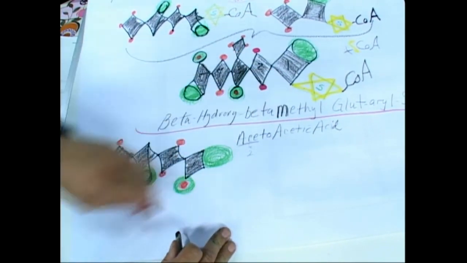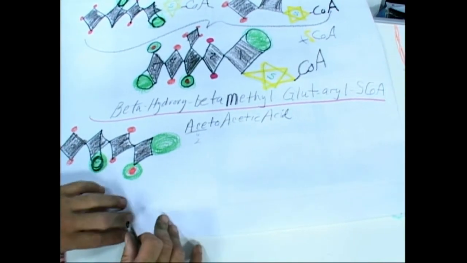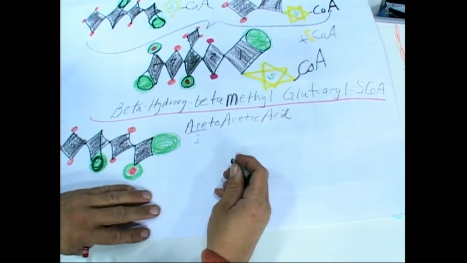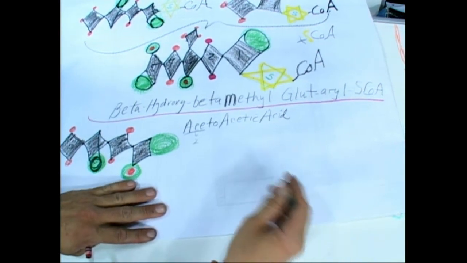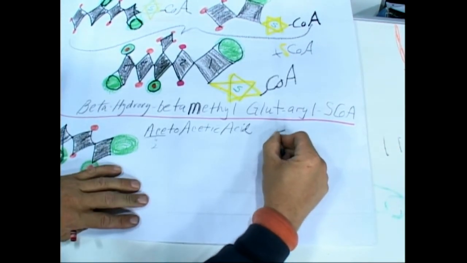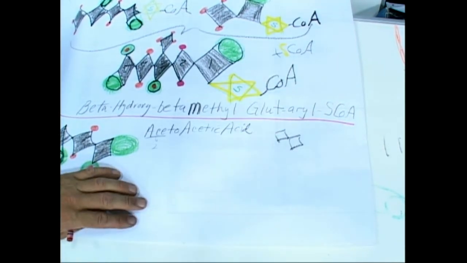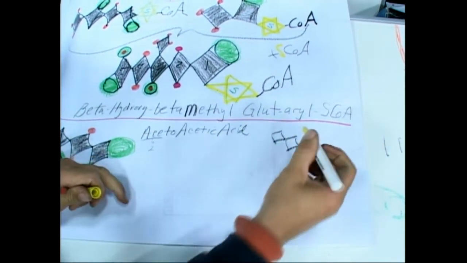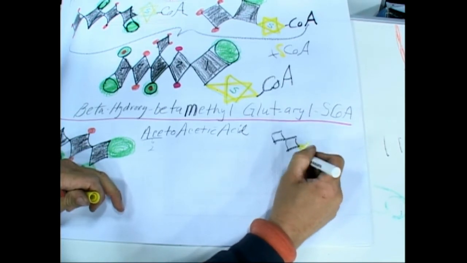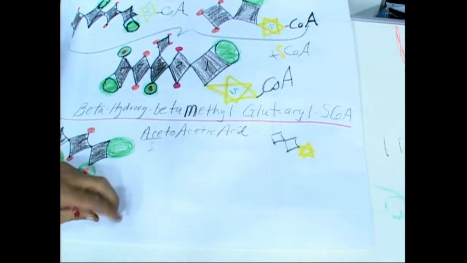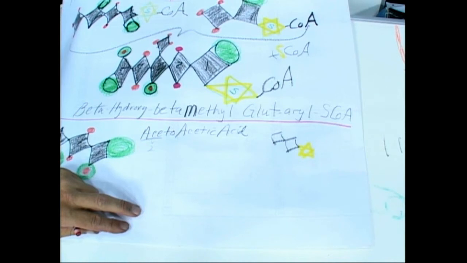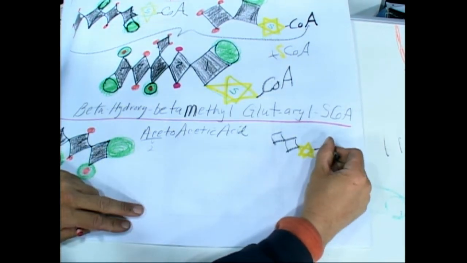And the other product you'll get will be acetyl, what do they got here? Acetyl-CoA off to the side. So acetyl is just a diamond. S. So here's our star to CoA.